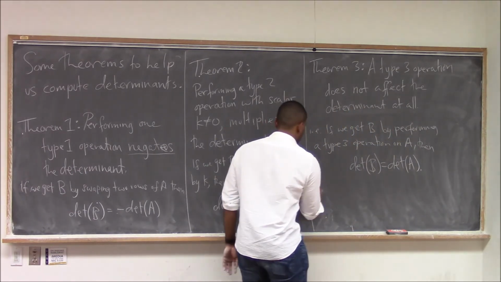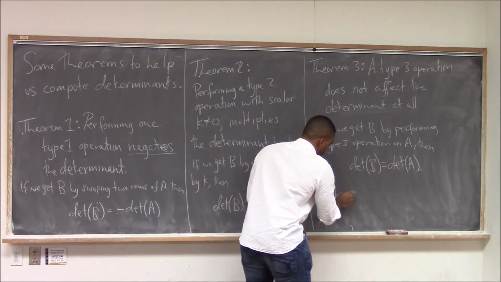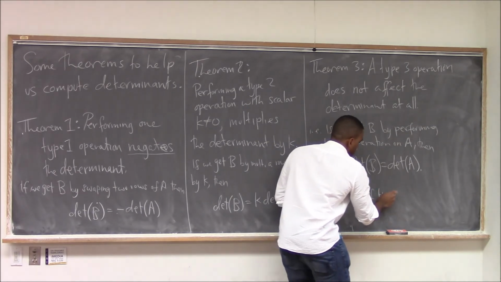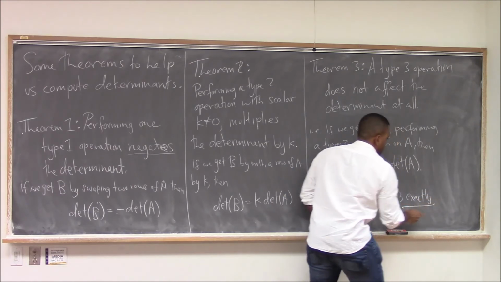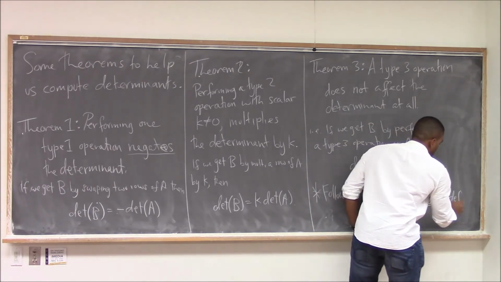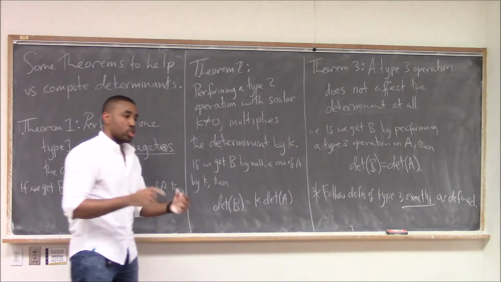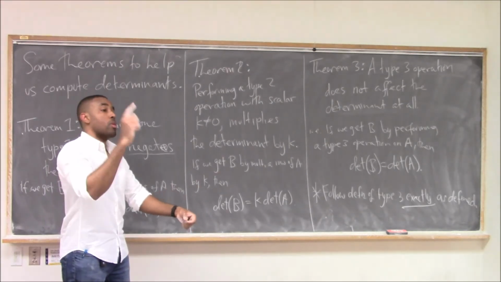And again, the warning here is follow the definition of type 3 exactly as defined. Meaning when you're doing a type 3, I'm considering that you're changing a row by using itself plus a multiple of some other row.